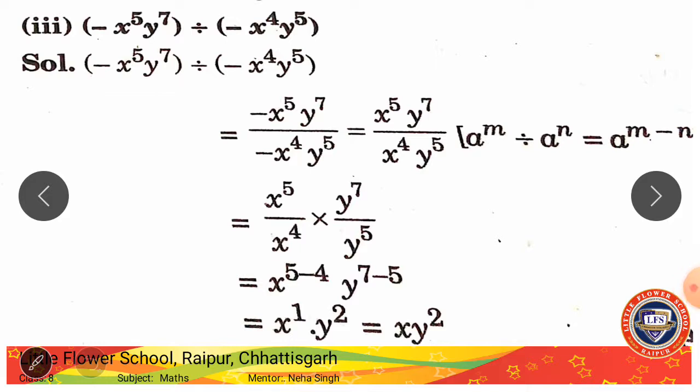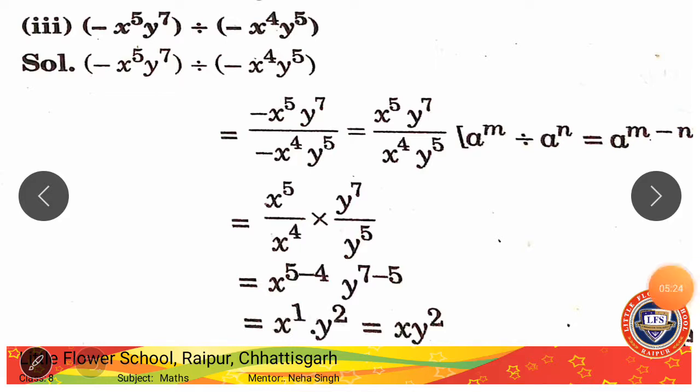Minus x5 y7 will be divided by minus x4 y5. Now again what we are going to do, we will separate x terms together and y terms together, right? Now since here there are two terms only, constant term is not there, x power 5, x power 4.